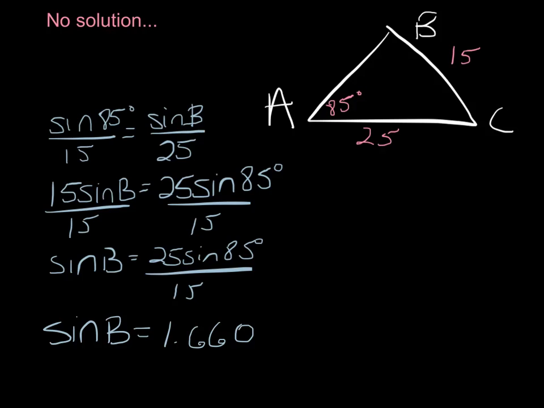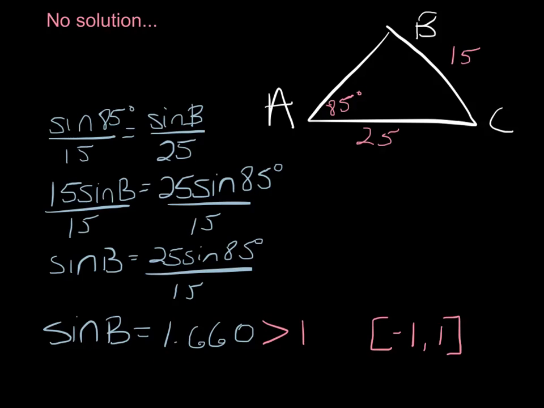And I'm going to put this in my calculator, and I get that sine B is equal to approximately 1.660. Now what you should notice here is that we're saying that the sine of an angle is equal to a number that is larger than 1, which is not good, because if you remember, the range of sine is from -1 to 1. So this is undefined here. There's no angle B such that the sine of B is equal to a number over 1.